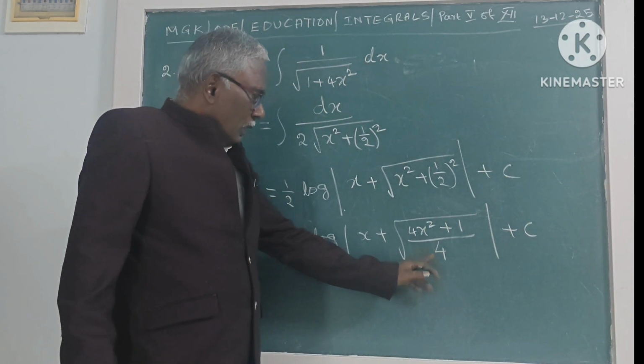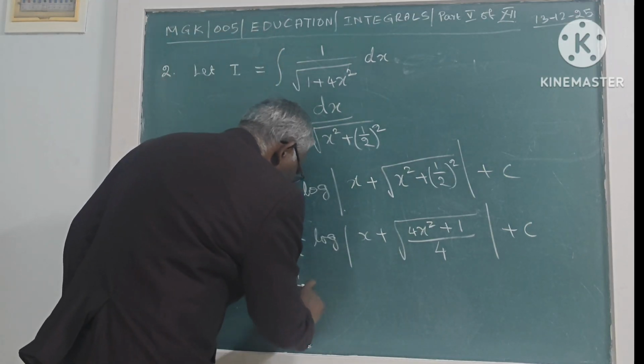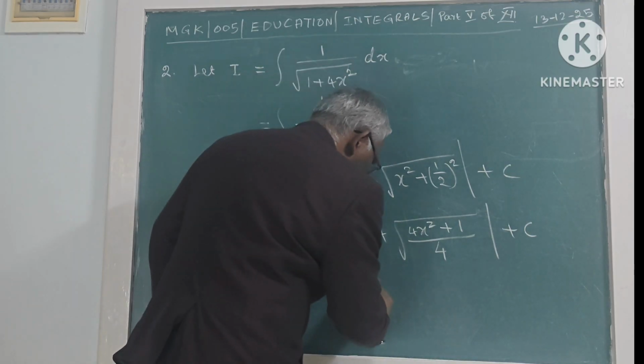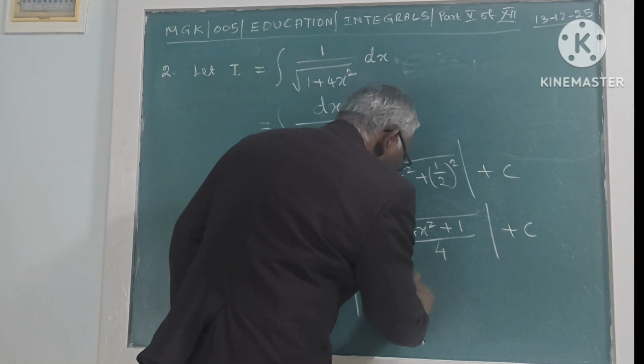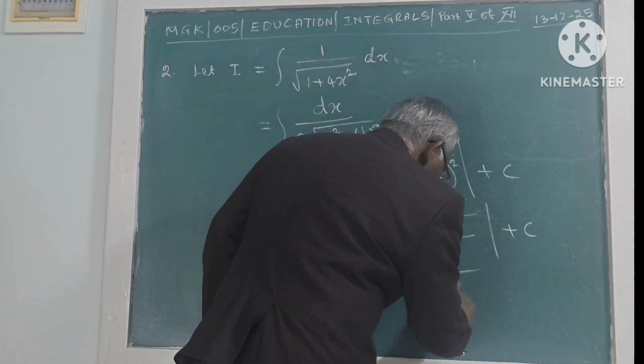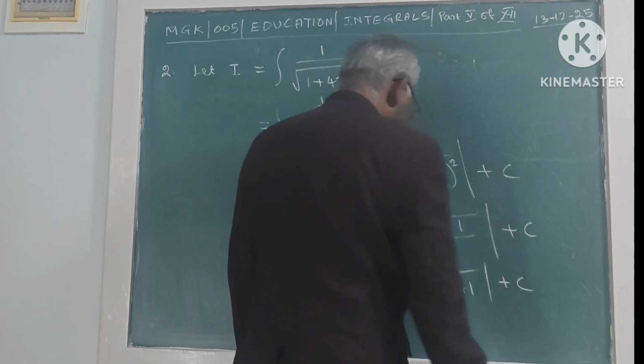When we take this 4 outside, it becomes 1 by 2 square root of 4x square plus 1 plus constant.